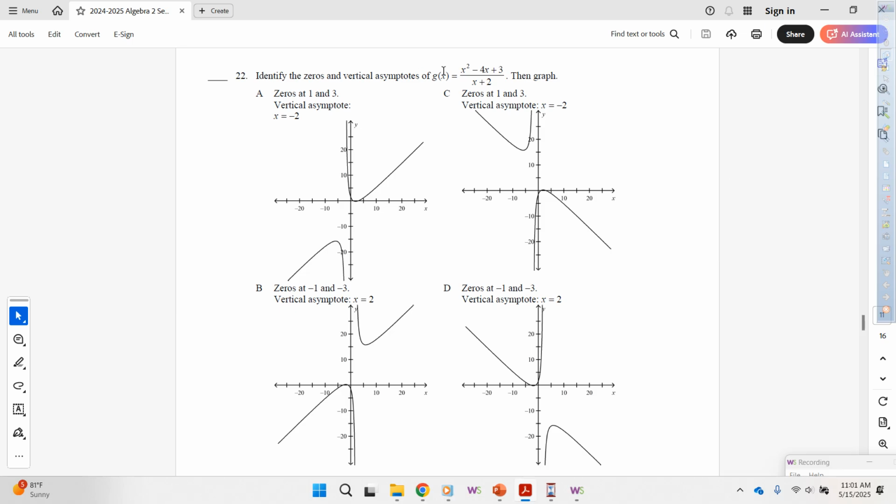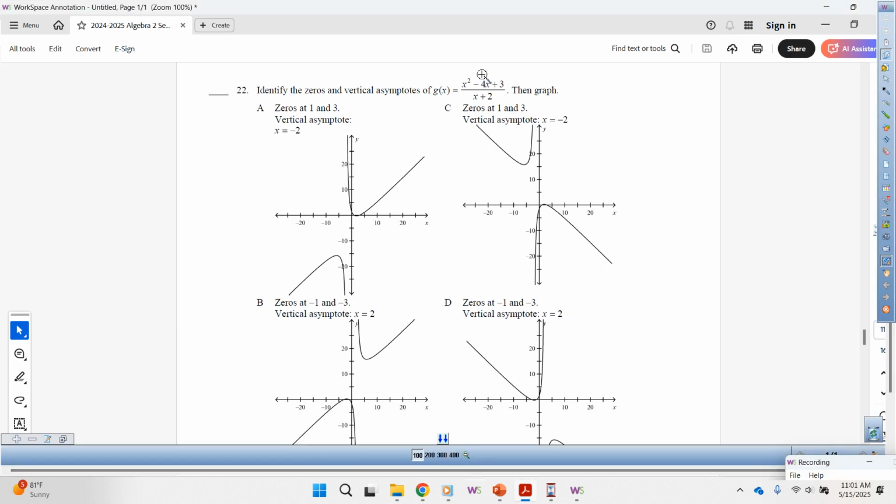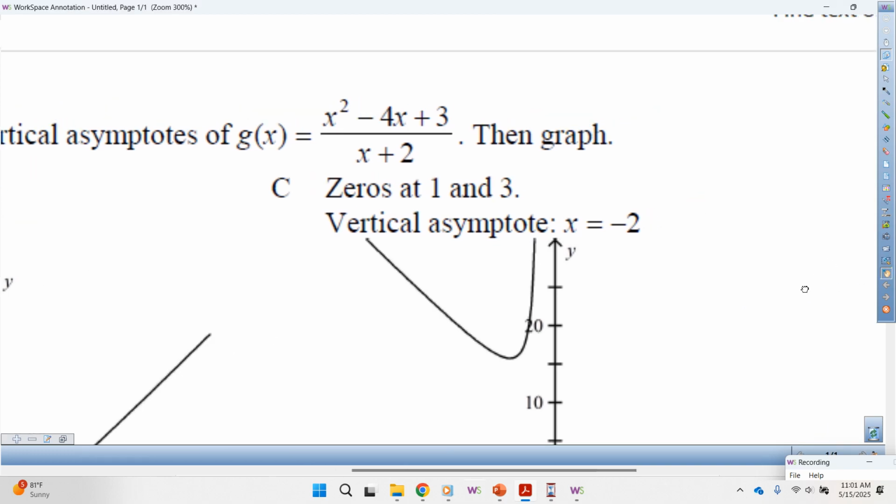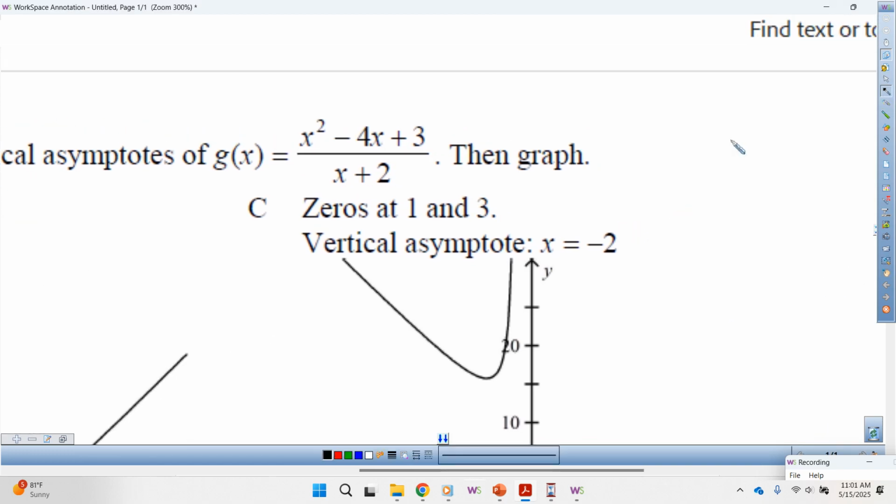It says, identify the zeros, vertical asymptotes for that. So let me zoom in really quick. If you write that again on your paper or on the side, the first thing we do, remember, is we always start with trying to factor top and bottom. We start with the top: 3, -4.